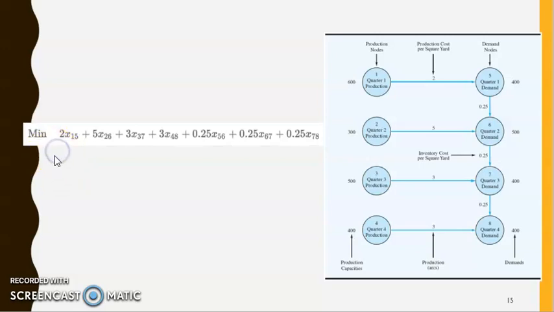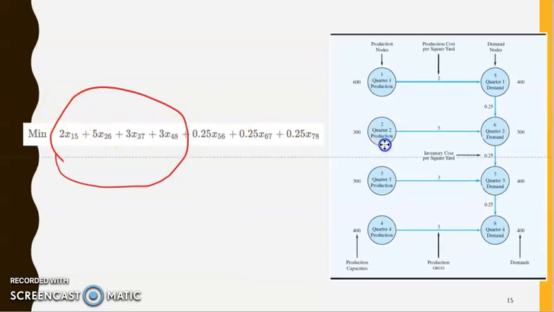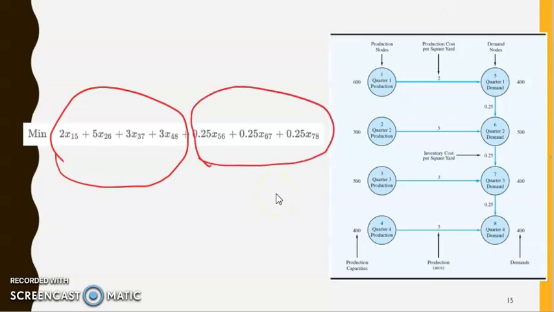Okay, here we have the production cost, and here we have the inventory cost.